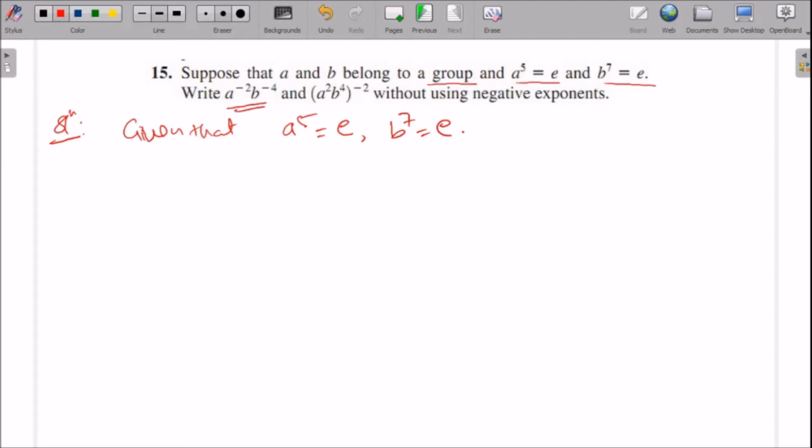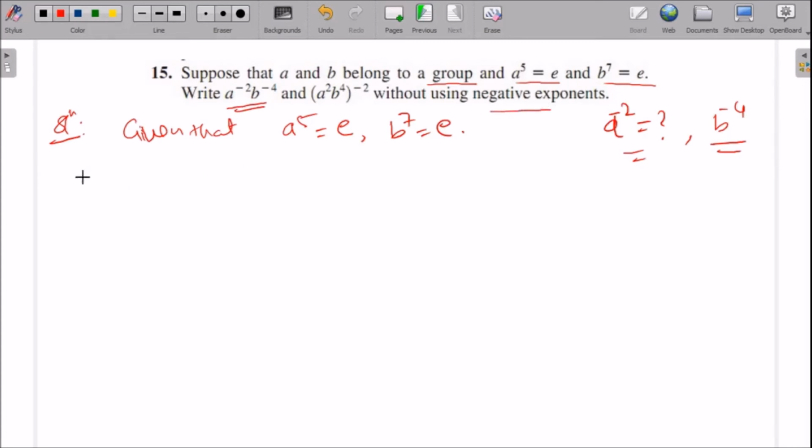What we need: if we can find a^-2 and b^-4, then we can write the equivalent expression without using negative exponents.